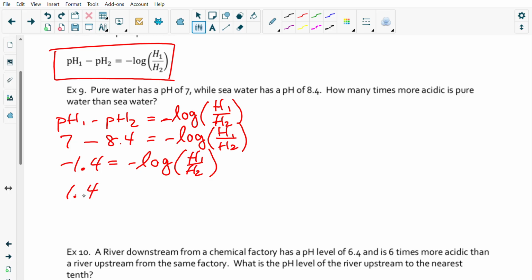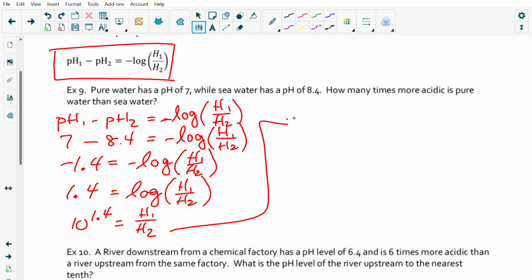That's 1.4 equals log of H1 over H2. That's 10 to the 1.4 equals H1 over H2. Let's bring it over here. That's 10 to the 1.4. That's approximately 25.1 equals H1 over H2. When we're comparing it, another way to look at it is H1 equals 25.1 H2.